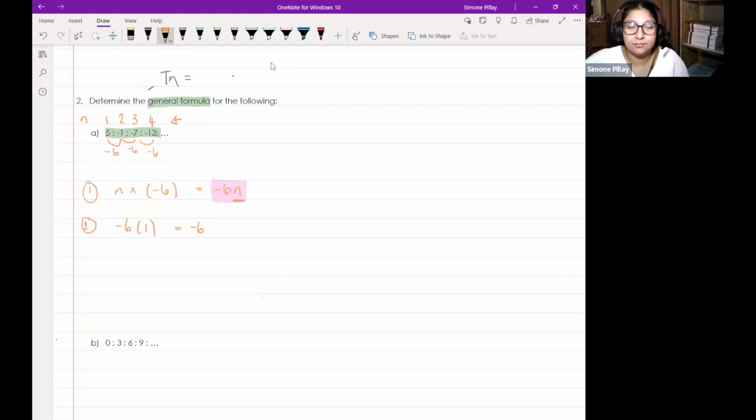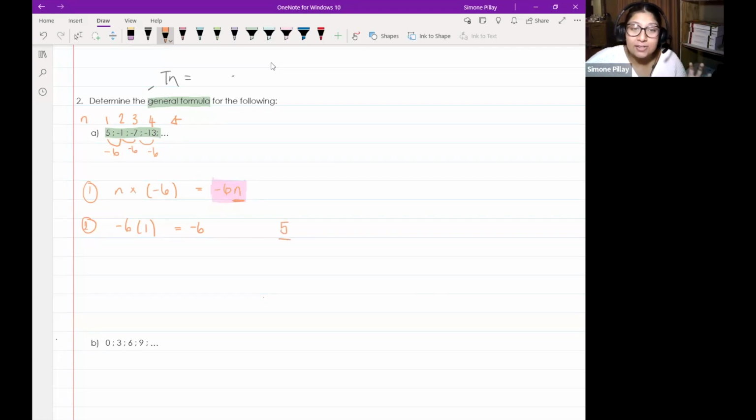What should the term number 1 be? What should the term value be for my first term? 5. There you go. So I want my answer to be 5.